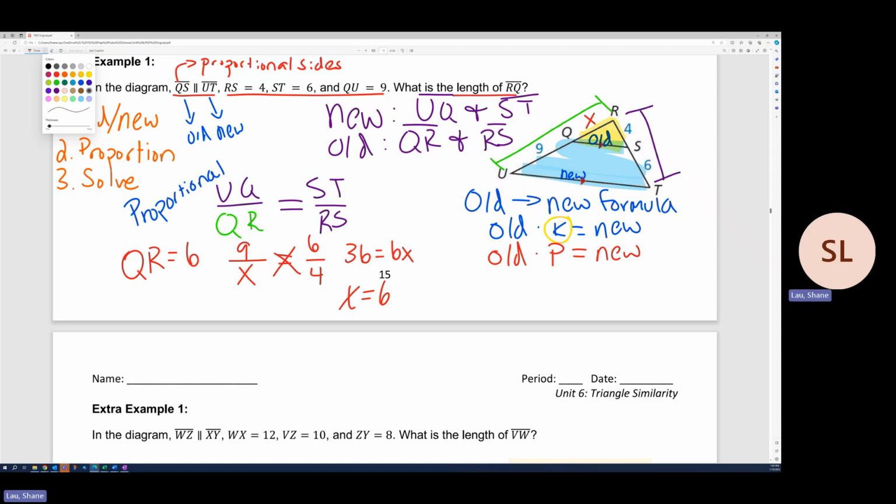Well, that's the same approach we're doing here. We're going to take this ST over RS. We know that's new over old. And we know the values for it. ST we know is 6. RS we know is 4. Reduce it down, that's going to be equal to 1.5, just like so.